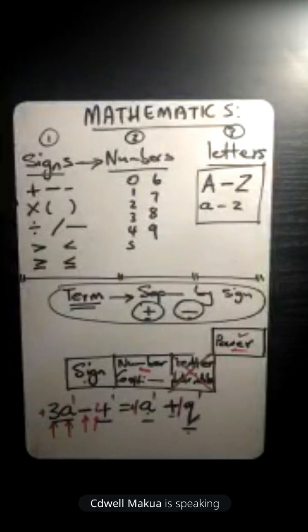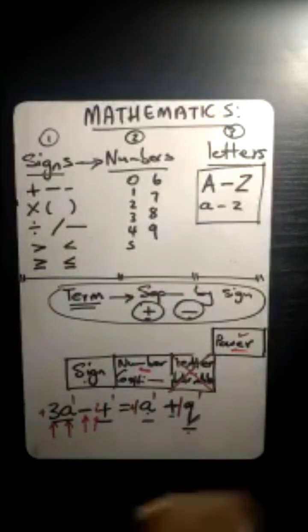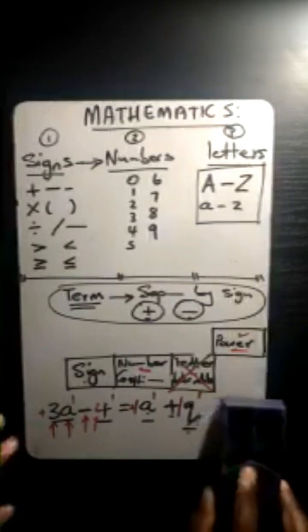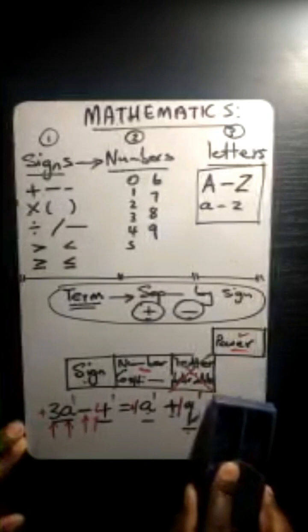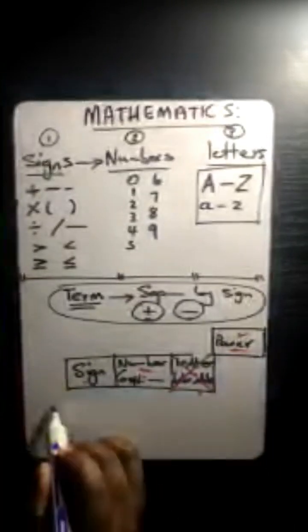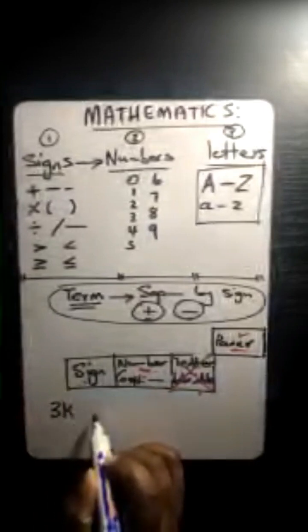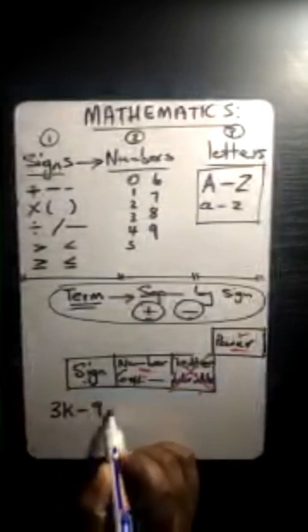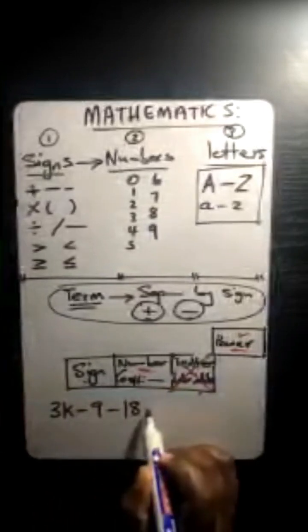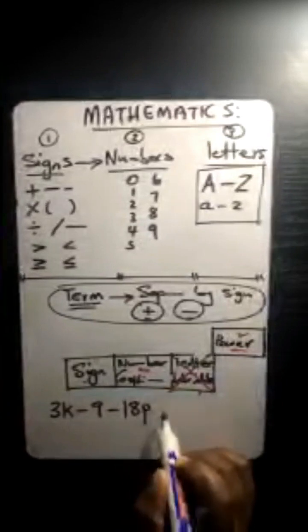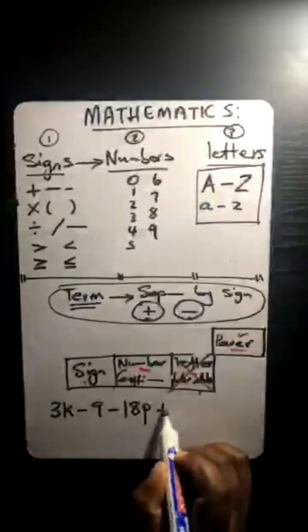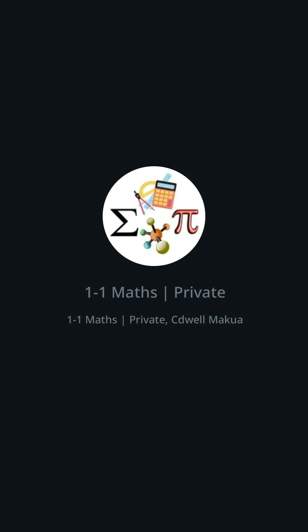Is it 3A or 4? Which one do we interpret? Okay. So let's say we are having 3k, let's say minus 9, let's say minus 18, maybe 18p, let's say plus z.